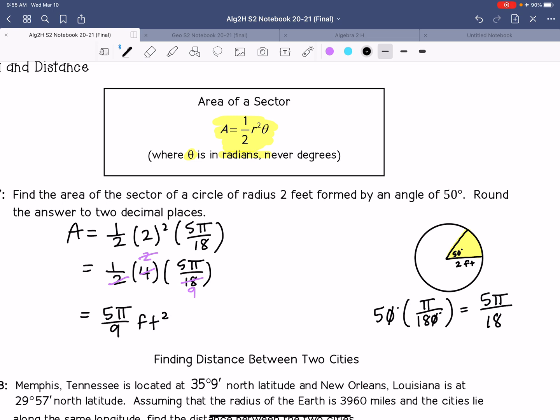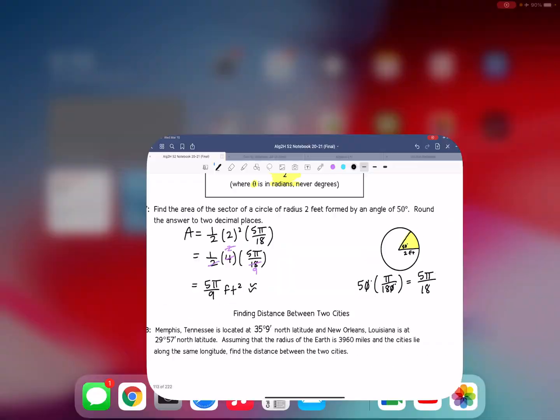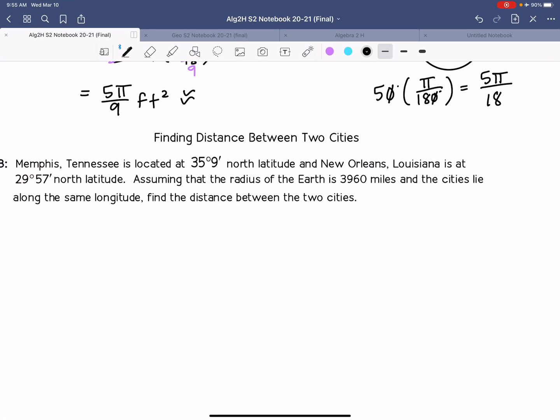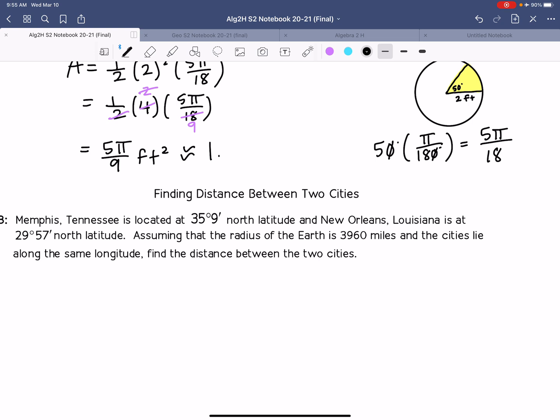Area is always squared, so feet squared. And if we wanted to figure out what this decimal is, we can type that into our calculator. So 5 pi divided by 9, which is approximately 1.75 feet squared.